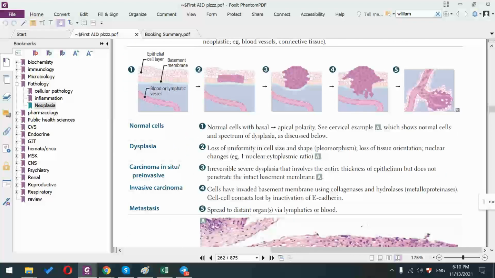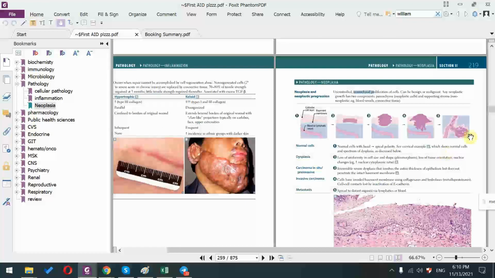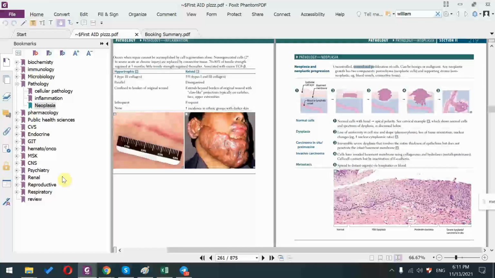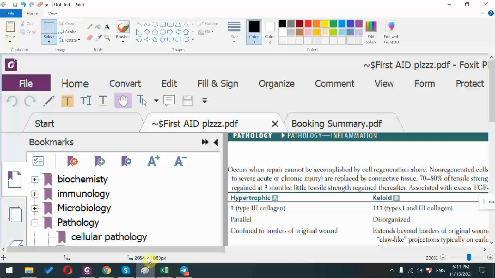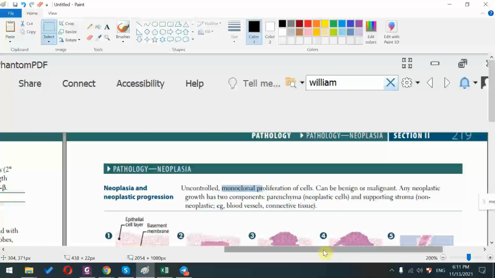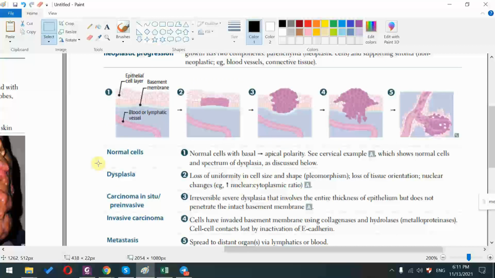So let's speak a little bit about the story of the cancer. Let me just do this. Okay, starting with the following example. First of all, you have normal cells with a basal apical polarity.